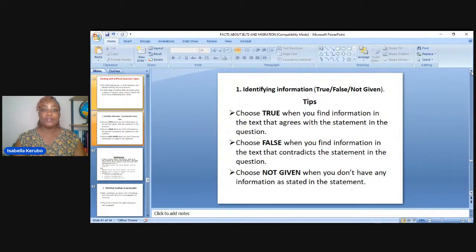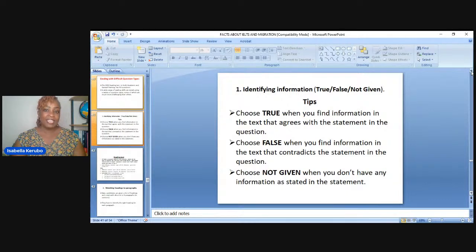When do you choose false? All right. You choose false when the information in the text contradicts the statement in the question.